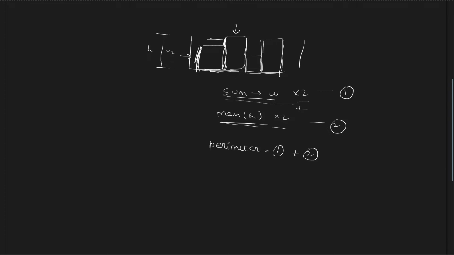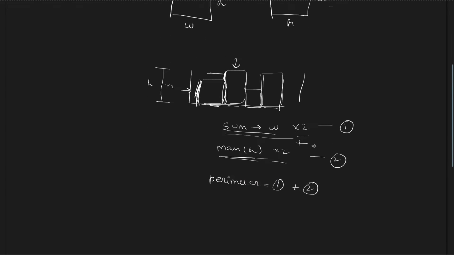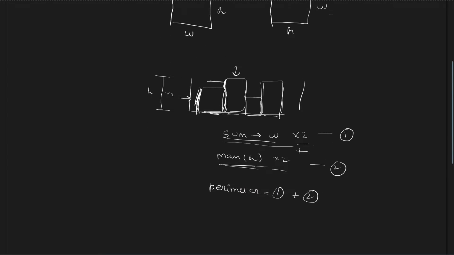Now the question is, how do we arrange it optimally so that the value of this perimeter is minimum, right? If I try to solve this particular question greedily, then I'll observe that it is always better to minimize the widths. For every box, my goal would be to minimize the widths.